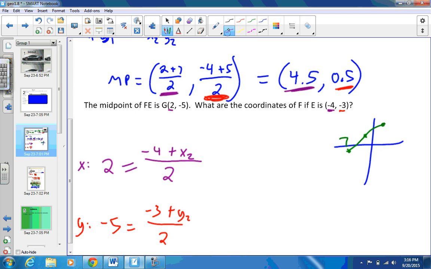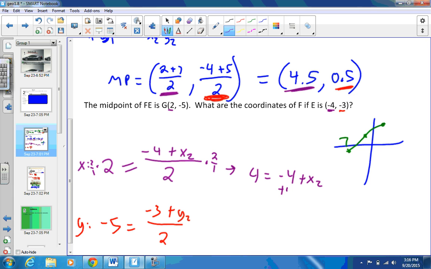So for the x value, we want to get the x by itself. So we have to first get rid of this whole big fraction. So let's get rid of the denominator by multiplying both sides by 2 over 1. And so that's going to leave us with 4 equals negative 4 plus x2.